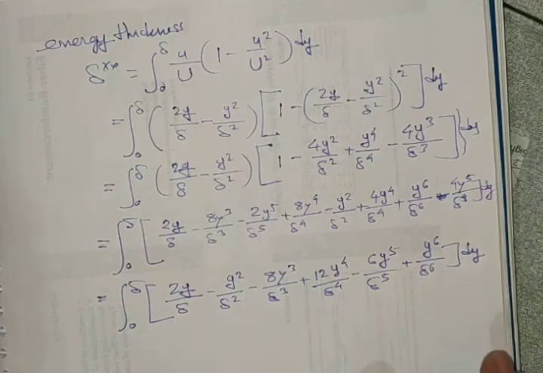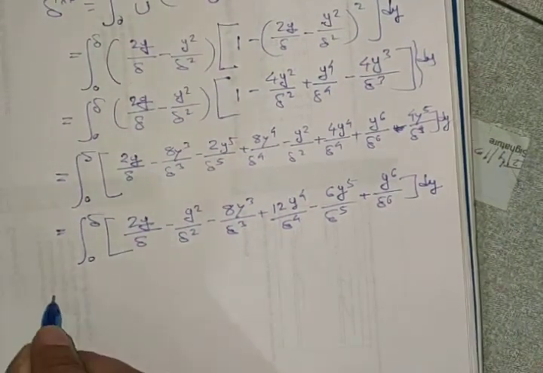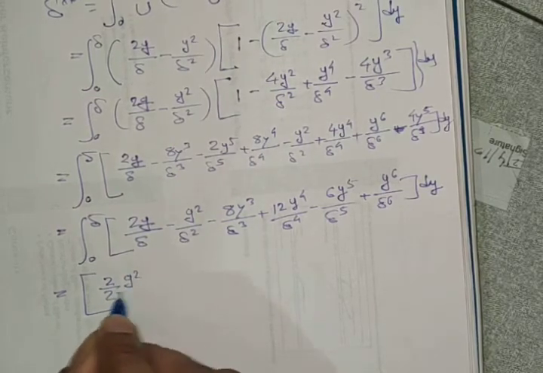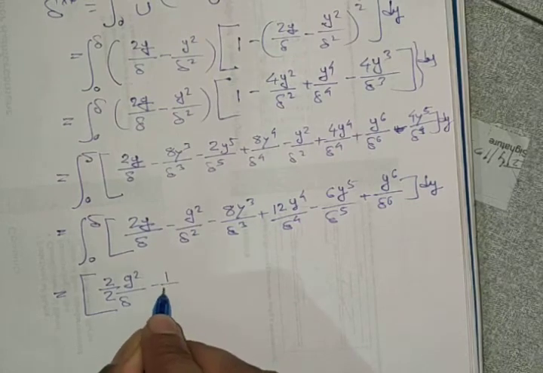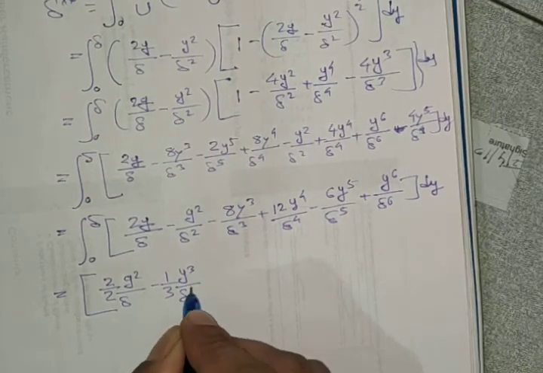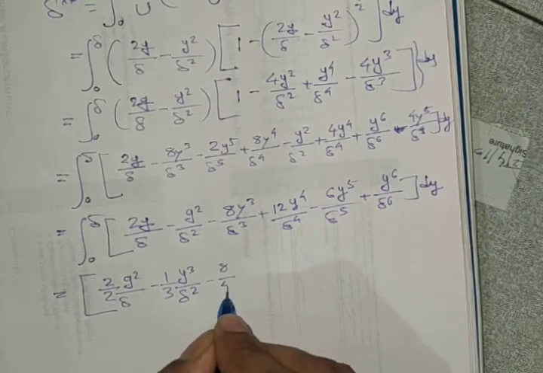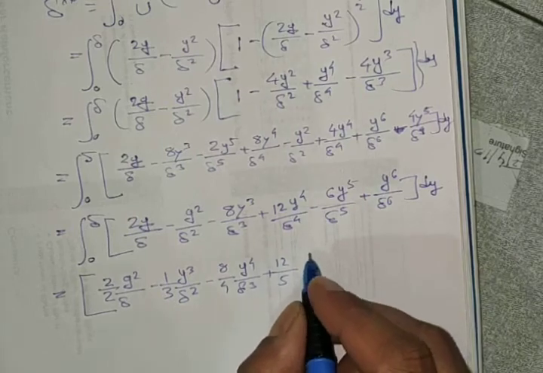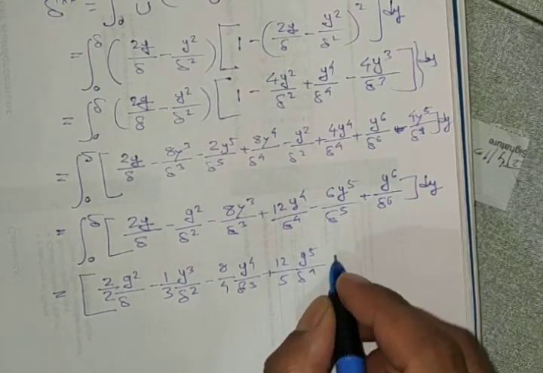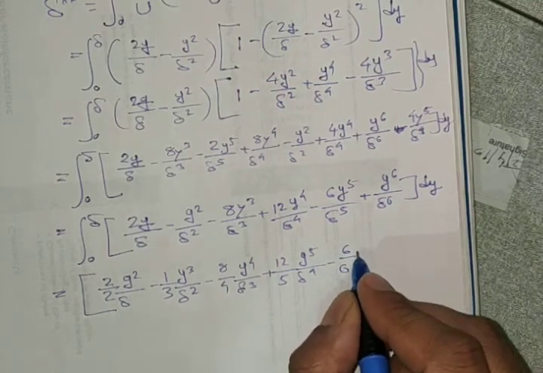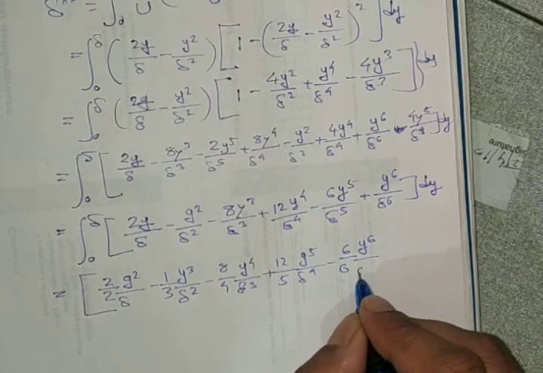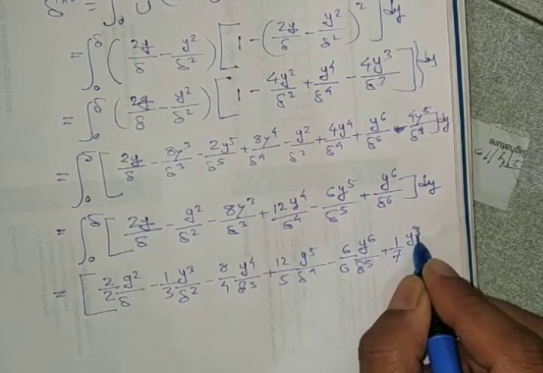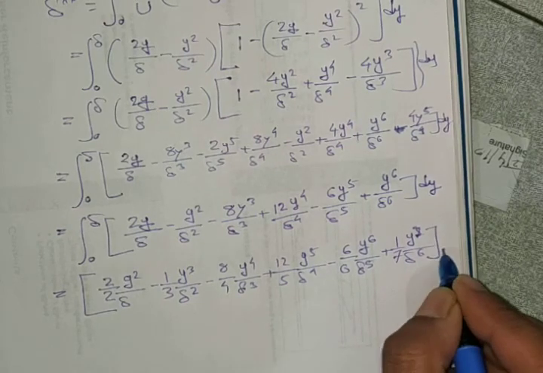And if you integrate this equation, finally you will get 2 y square by 2 delta, minus 1 by 3 y cube by delta square, minus 8 by 4 y to the power 4 by delta cube, plus 12 by 5 y to the power 5 by delta 4, minus 6 by 6 y to the power 6 by delta 5, plus 1 by 7 y to the power 7 by delta to the power 6, from 0 to delta.